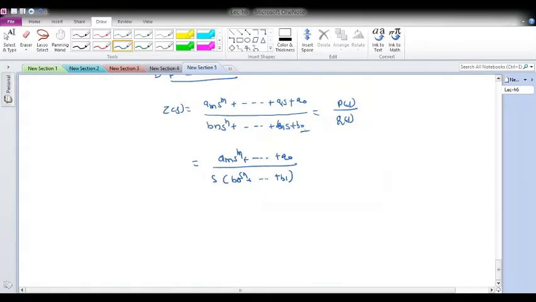If b0 is equal to 0 here, then ultimately there will be one pole at origin, and I have to remove it. To remove it, I have to write it like this: k0 by s plus Z1 of s. So I have removed one pole, the pole at origin. It will be k0 by s plus the remaining function, which will be Z1 of s.